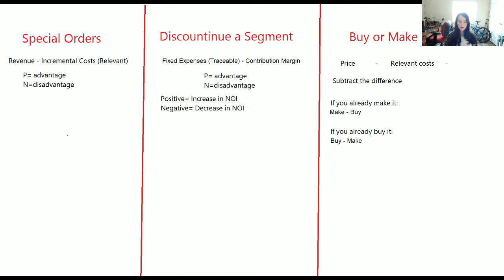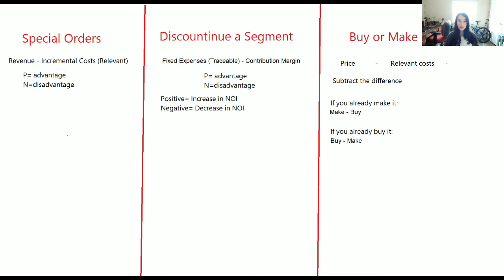And then if that is a positive number, that's an advantage to buy it, or if it's a negative, it's a disadvantage and they should keep making it. And the opposite, if we're buying the product and we're thinking about making it instead, we're going to do the buy price minus the making cost, and then positive advantage, negative disadvantage.